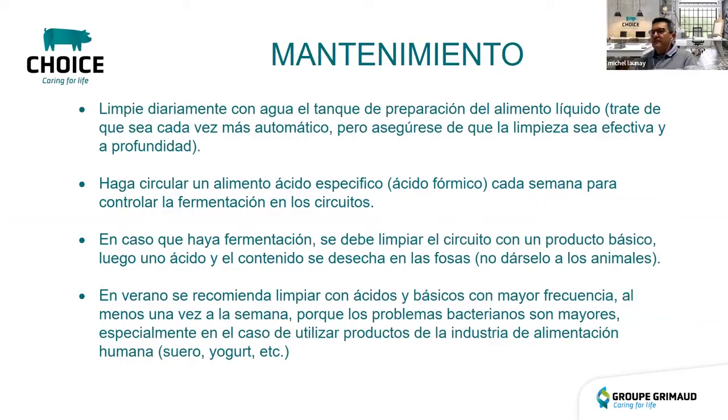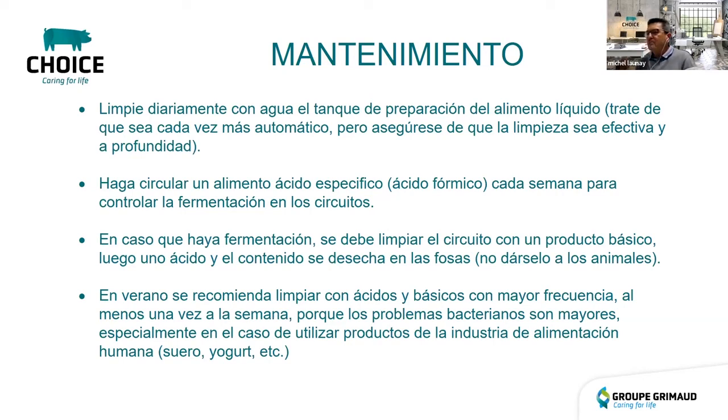As maintenance, you also have to do some different things. The first one is to clean the tank when the soup or the liquid feed is prepared. So the mixer tank, it's important to clean each day, to have a daily cleaning with water.